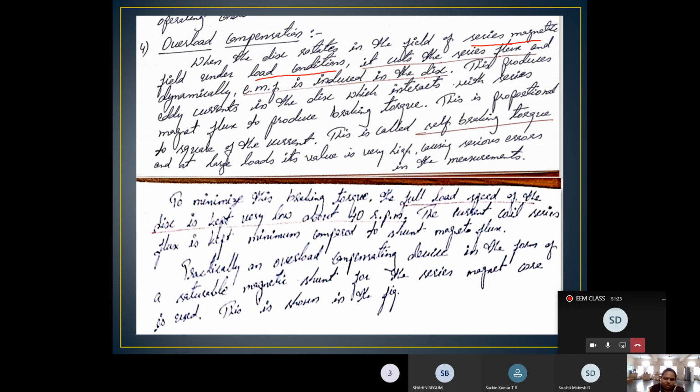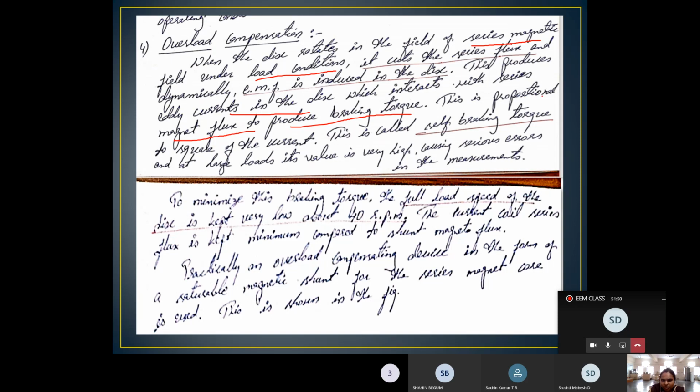Yes, it's a normal operation. This produces an eddy current, a leakage current in the disc, which interacts with the series magnetic flux to produce a braking torque.